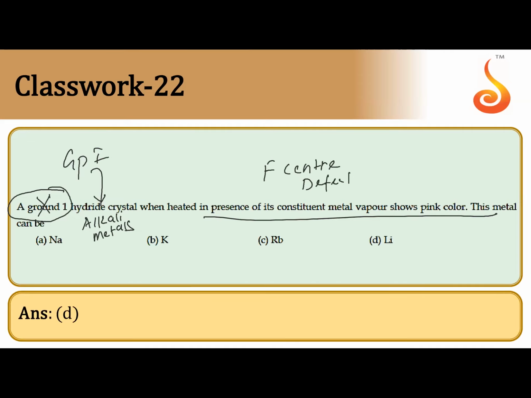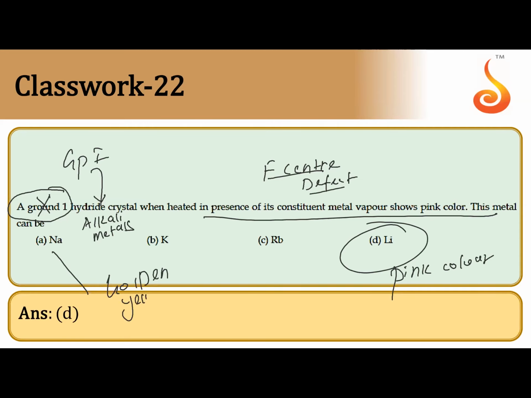We have discussed this very clearly in the PU part. F center defects: lithium will give pink color, sodium will give golden yellow, potassium will give lilac. Rubidium, cesium color is not there in the competitive, so leave it. In the NCERT also it is not there.